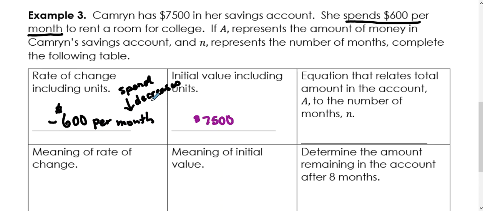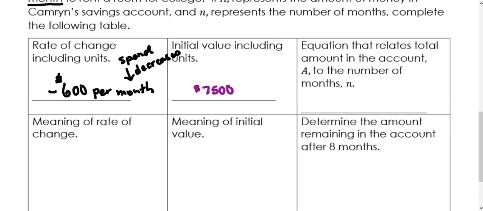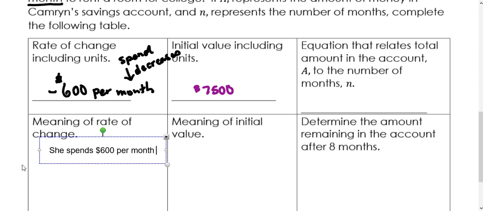Because she's spending $600 per month, the amount of money that's in my account decreases by $600 per month. So that's where that meaning helps out. All right, she spends $600 per month on rent, which makes this a negative rate of change because she's spending it.